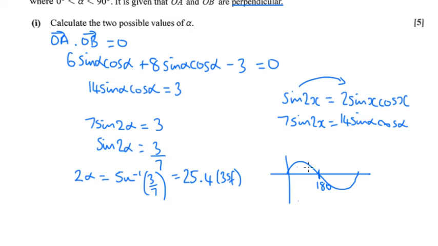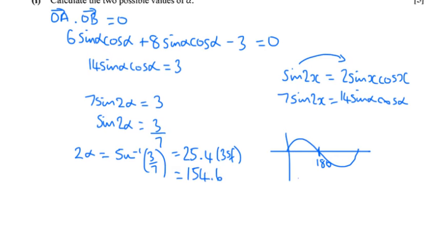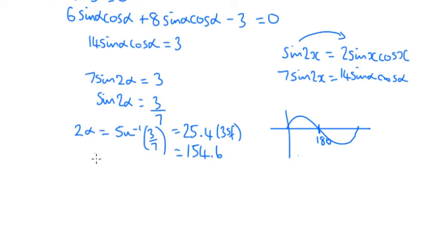So even though the next number that I write down is going to be greater than 90, when we come to halve it, it will be within the region that we need. So if I take the 25.4 away from 180, I'm going to get another value of 154.6. So those are our two values for 2 alpha.